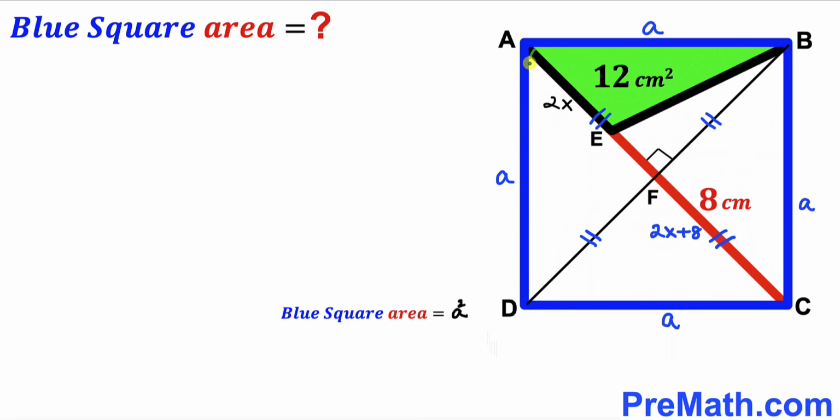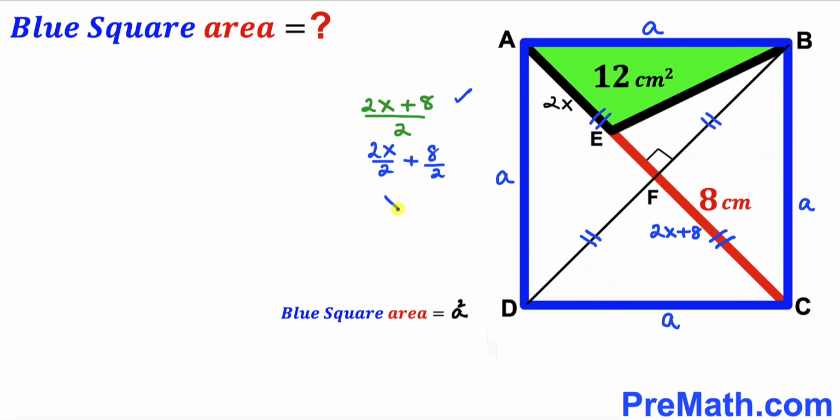Now let's make an observation. We know that this whole diagonal AC length is 2x plus 8. So this segment AF length has got to be half of 2x plus 8. I can write 2x plus 8 divided by 2, and this could be written as 2x divided by 2 plus 8 divided by 2.